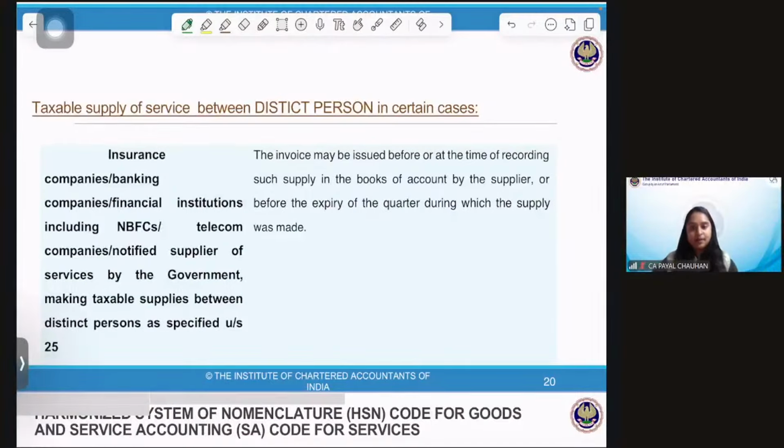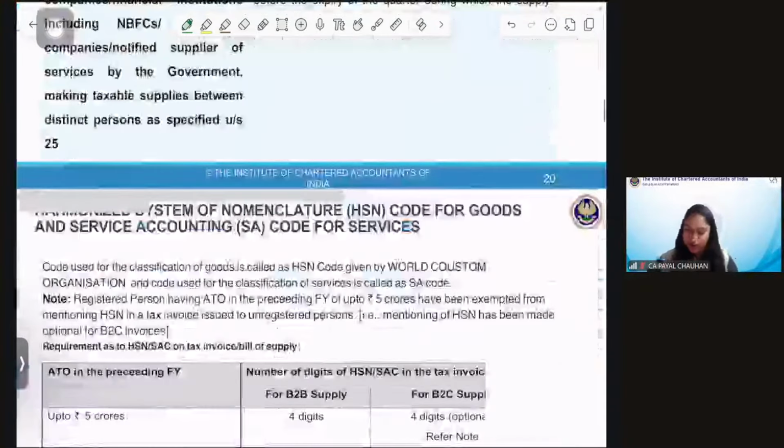In case of distinct person of specified category, invoice must be issued. It's there on the board. At the time of recording the entry in the books of the supplier, or before the expiry of the quarter.